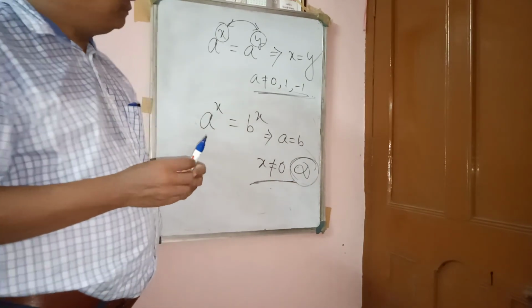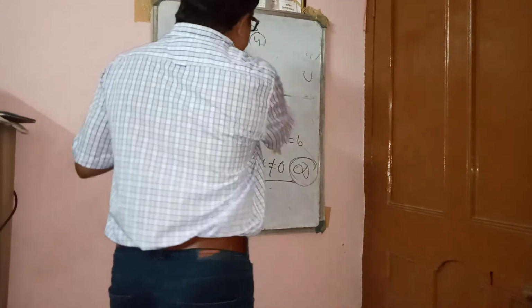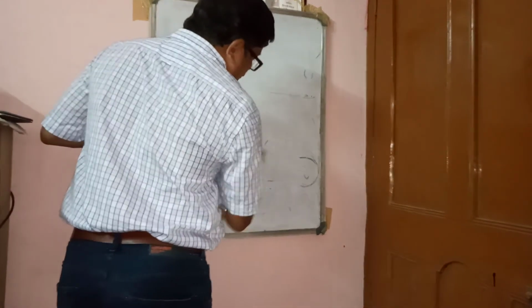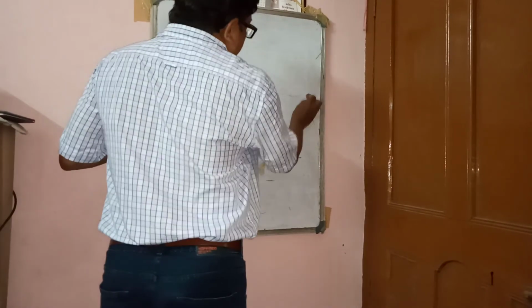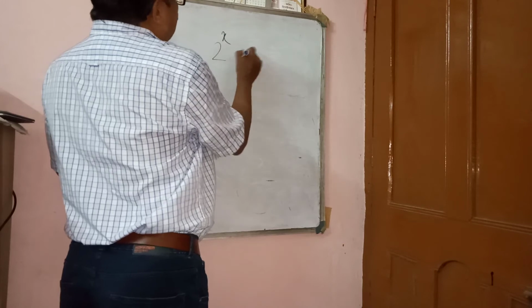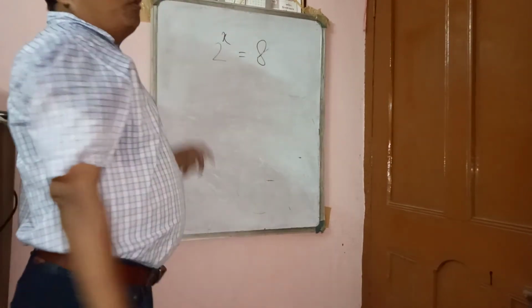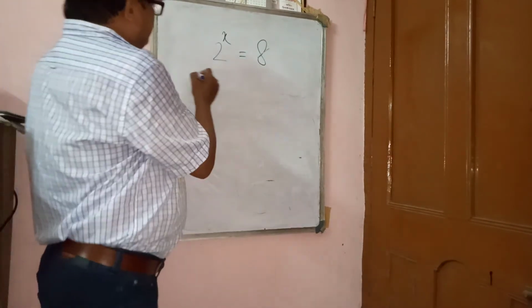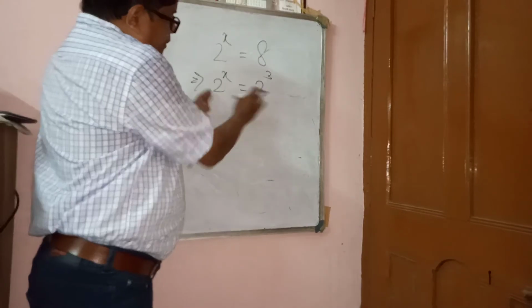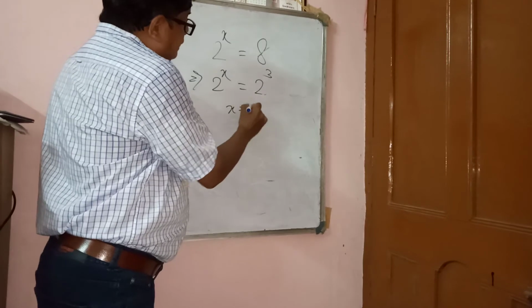Now look at some examples. Suppose 2 to the power x equal to 8. What is the value of x? You can write 2 to the power x as 2 cube. The bases are equal, so x equal to 3.